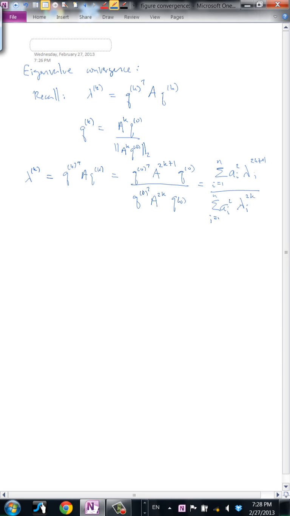So now let's see how far off this is from lambda 1. Lambda of k minus lambda 1, which is what we're asserting goes to 0, is just equal to, again just plugging in definitions and doing a little bit of algebra, the sum from i equals 2 to n of ai squared lambda i to the 2k times (lambda i minus lambda 1) divided by the sum from i equals 1 to n of ai squared lambda i to the 2k.